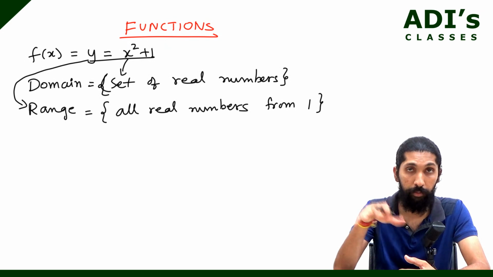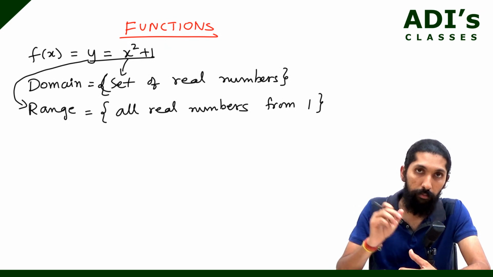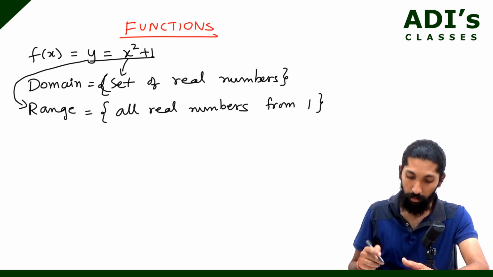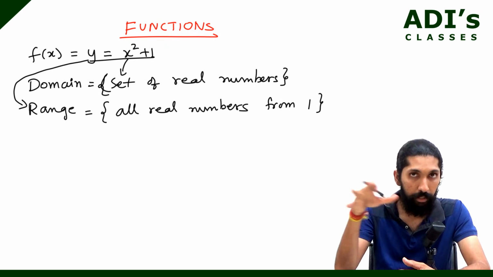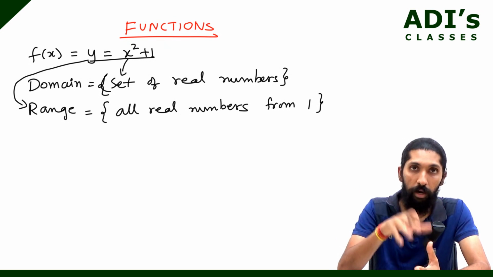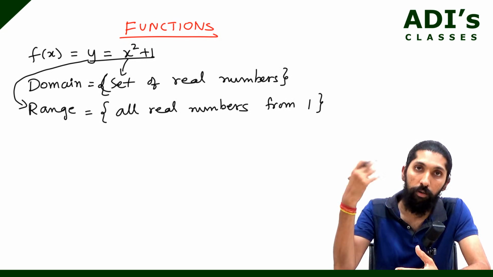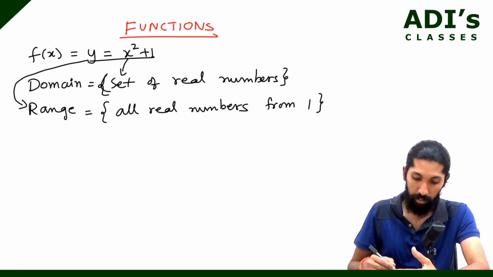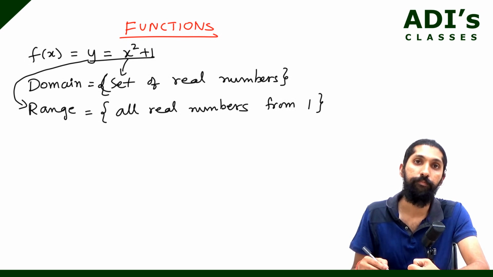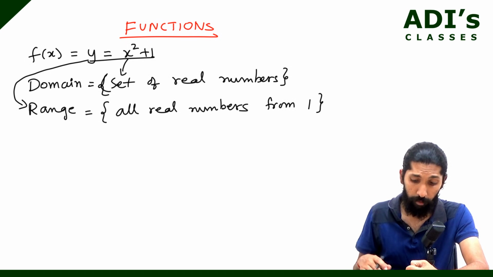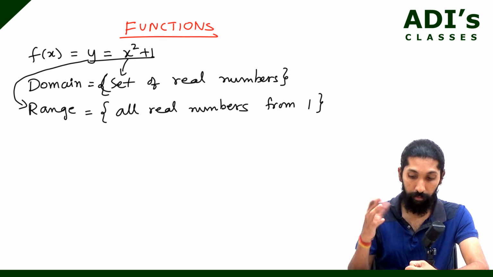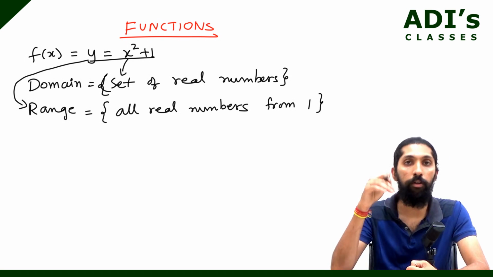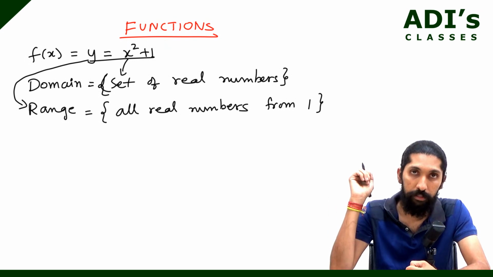Generally a function is represented by f, and we have domain D and range R. So suppose you take y is equal to x square plus 1. My function f of x is x square plus 1, the domain is the set of real numbers, and the range is the set of all real numbers from 1.